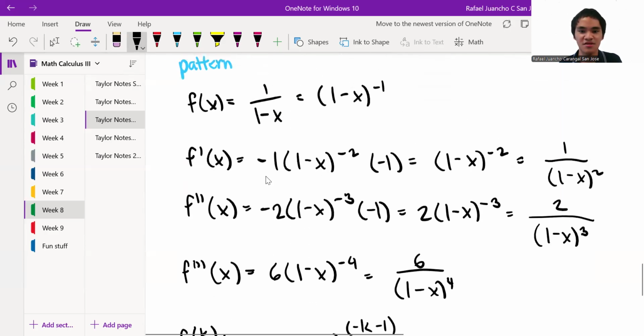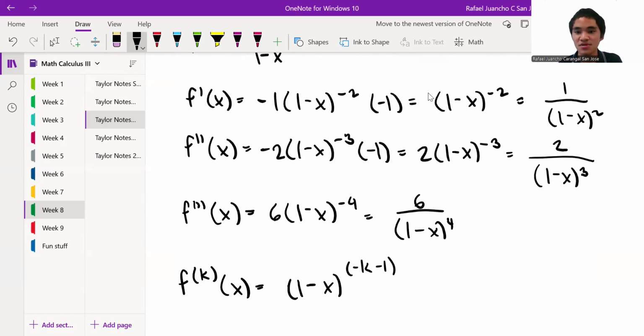And then for the numerators, 1, 2, 6. What is that? Factorial, right? 1 factorial is 1, 2 factorial is 2, 3 factorial is 6. So we want to relate it to the derivative because that's our general case, our k. We want to relate everything that we find to its derivative. So this one's related to the first derivative and 1, this one's related to 2 and 2, and this one's 3 and 6.